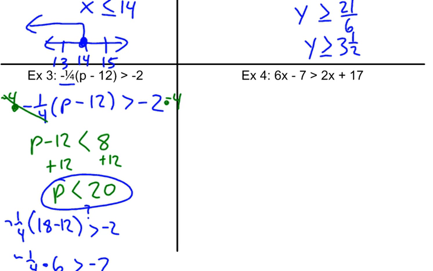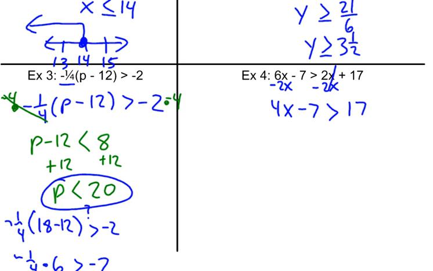Over here, example 4. First thing we can do is get x all by itself on one side, and we need the constant terms all by themselves on the other side. I prefer positive numbers, so let's subtract 2x from both sides. We're going to have 4x minus 7 is greater than 17.